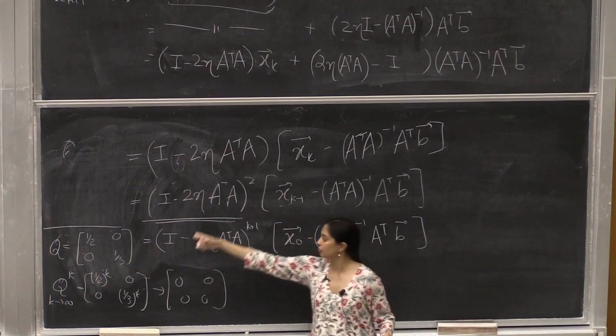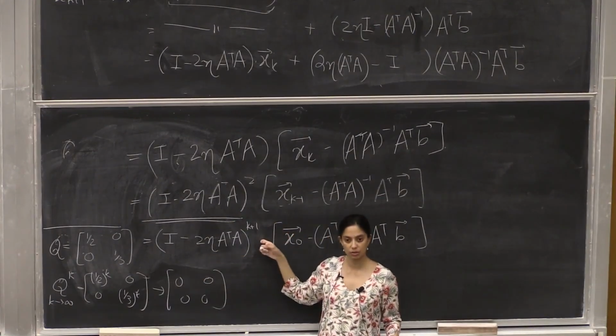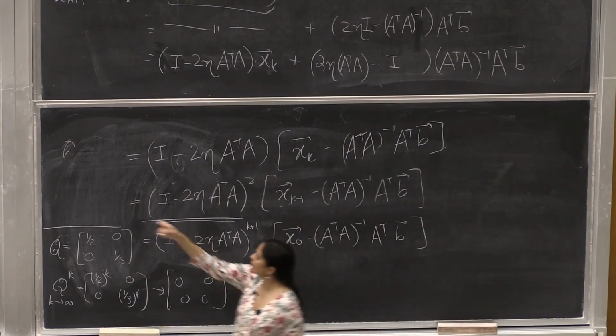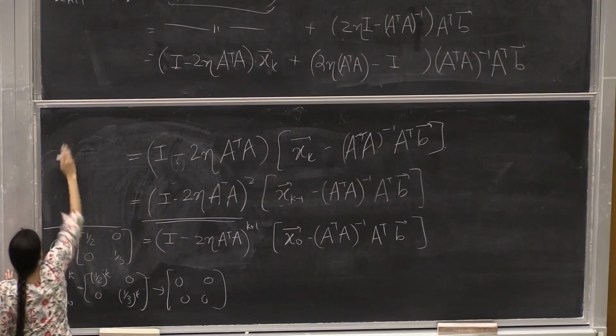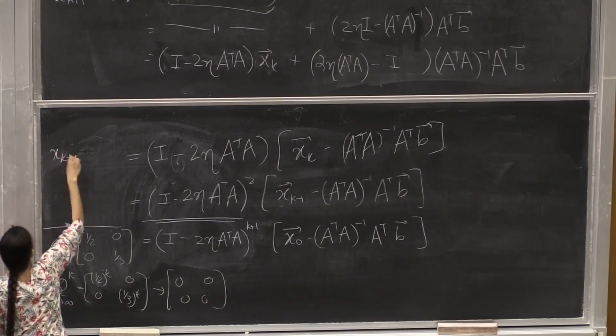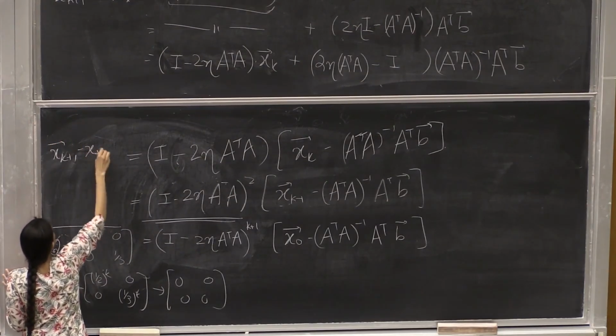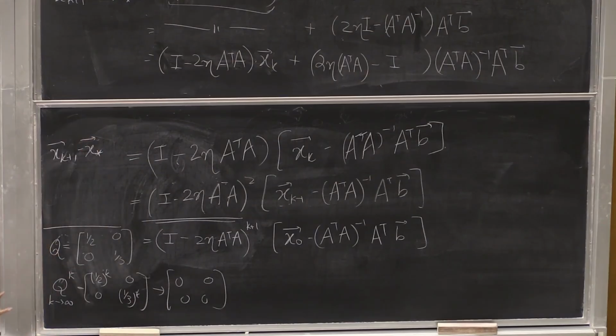So as k goes to infinity, what is this going to go to? This is going to go to the 0 matrix, right? And so here on my left-hand side, what do I have? I have xk plus 1 minus x star.